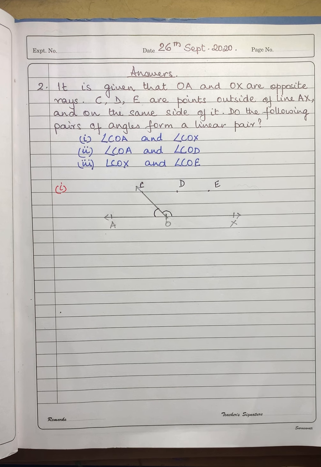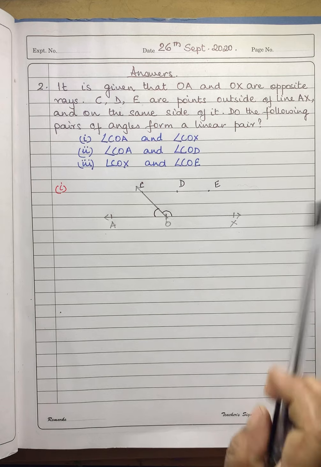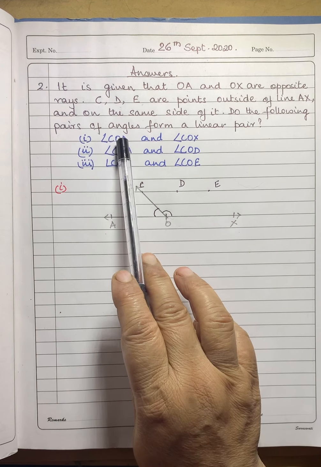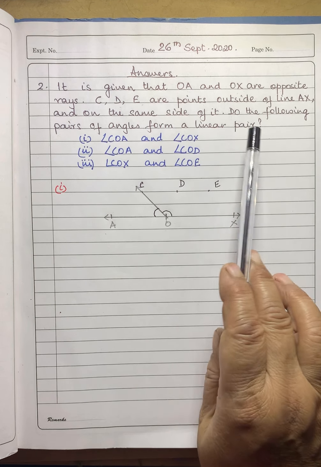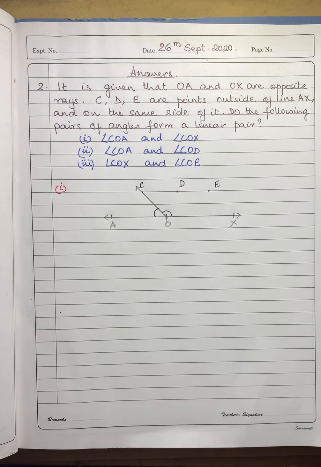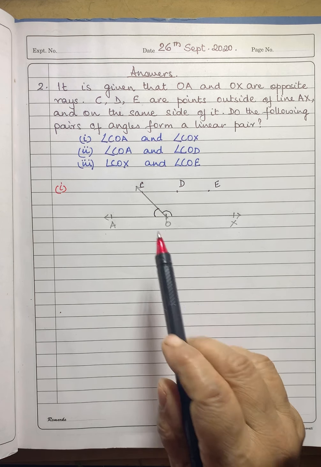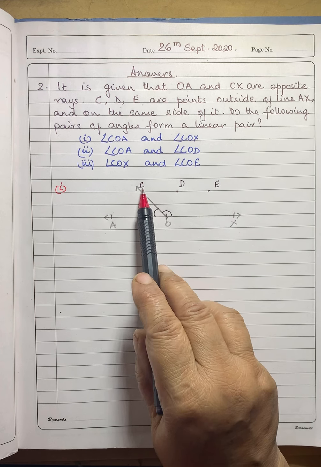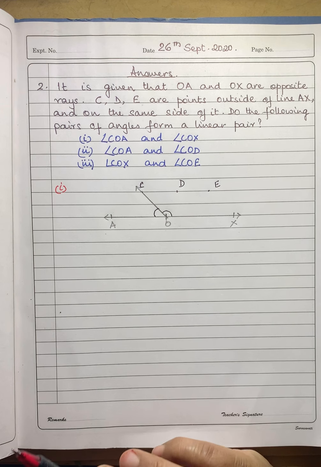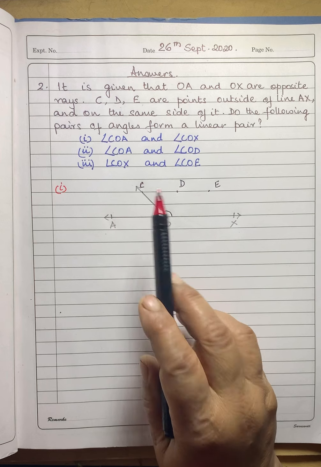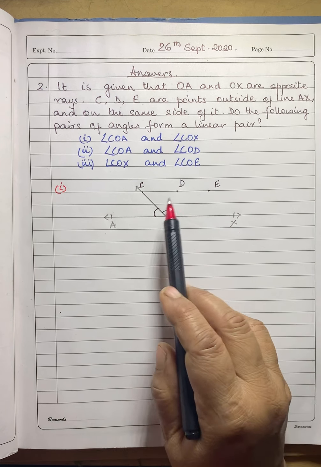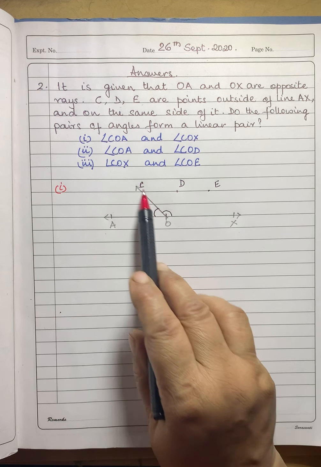Now the question here is, do the following pairs of angles form a linear pair? Are these two angles, COA and COX, forming a linear pair? For a linear pair, they must be adjacent. They are adjacent, with a common arm.